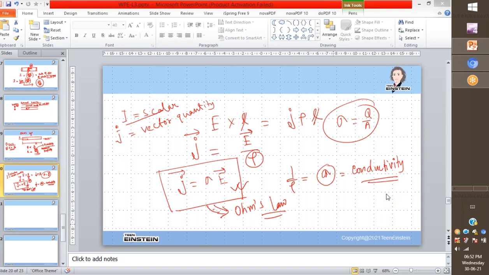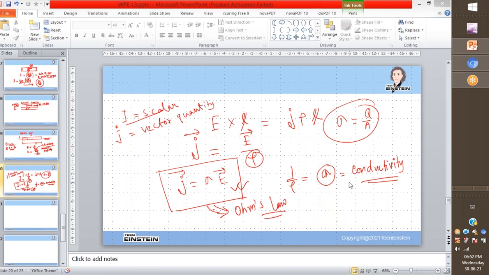Sir, as resistivity depends upon material, does conductivity also depend upon material? Yes, exactly, because they are just reciprocal of each other, so they both depend on the material.